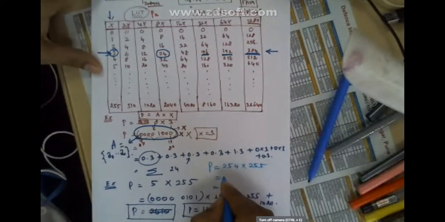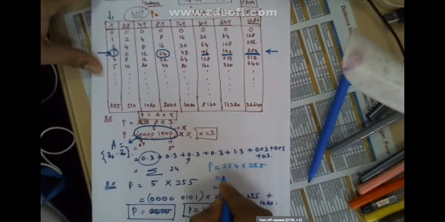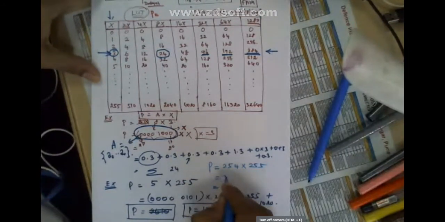32640 plus 255. Oh, slow. What is the first one? 640 plus 255 plus 510.